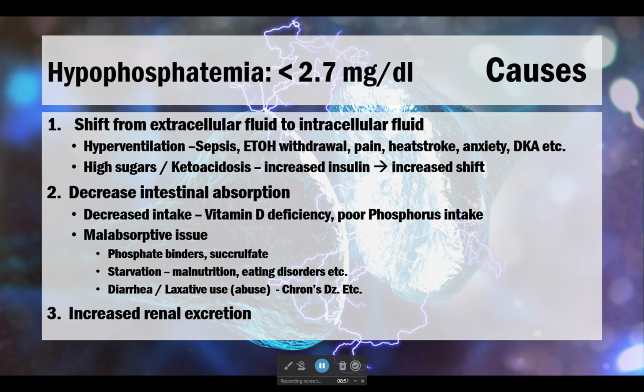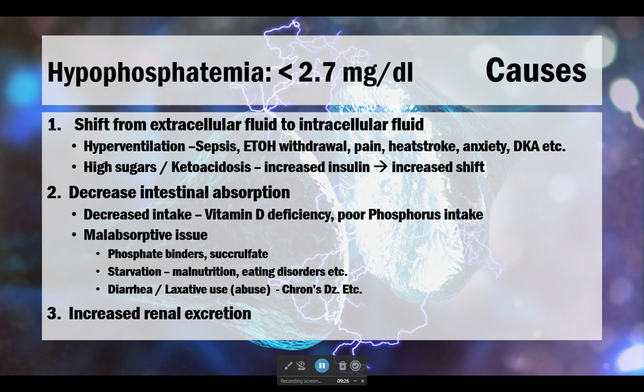Also, very high sugars, like I just mentioned with DKA, but also hyperglycemic hyperosmolar syndrome can produce what looks like a ketoacidosis, with high sugars, and can also contribute to a shift inside the cell.